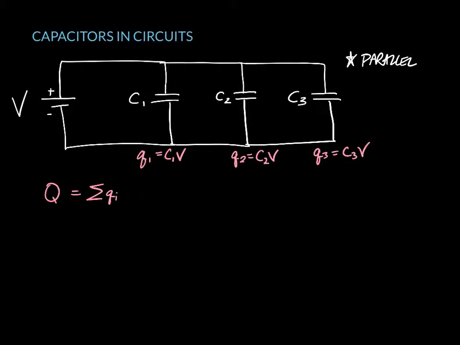So in this case, that would be C1 voltage plus C2 voltage plus capacitance 3 and the voltage, which would be simply the sum of all the capacitances times that voltage.